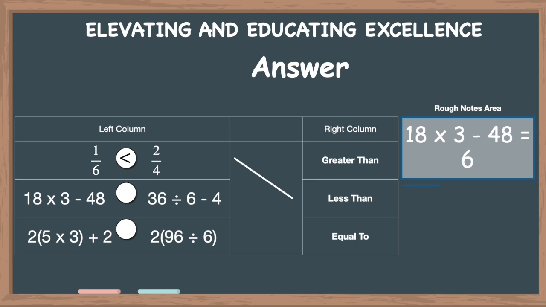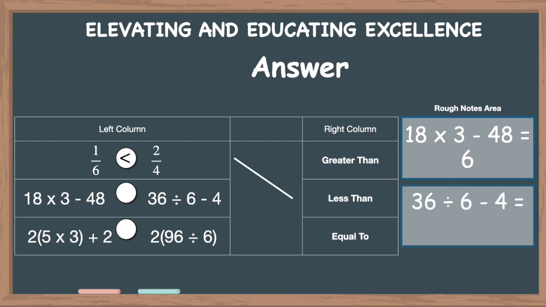Let's draw a rough box, and in that rough box, we're going to write 36 divided by 6 minus 4, which equals 2. So we're going to look at: is 6 greater than or less than 2? As you should know, 6 is greater than 2. Therefore, this is the symbol we'll draw. And again, a line going from the left side to the right side, hitting greater than.